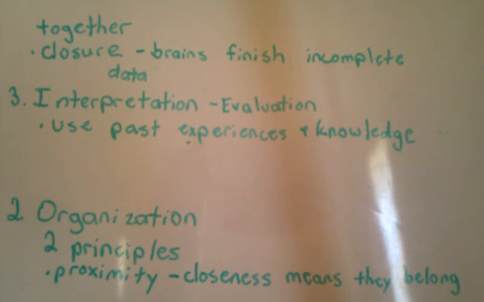Selection. So he is using selection. This is what he's choosing to focus on. He considers the proximity of this object to the road and traffic and matches it to a past image of a pickup truck, surmising that a pickup truck is approaching quickly. Okay, so that's organization. Closeness means they belong.